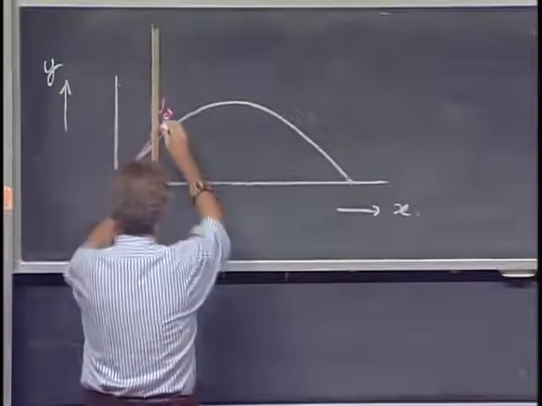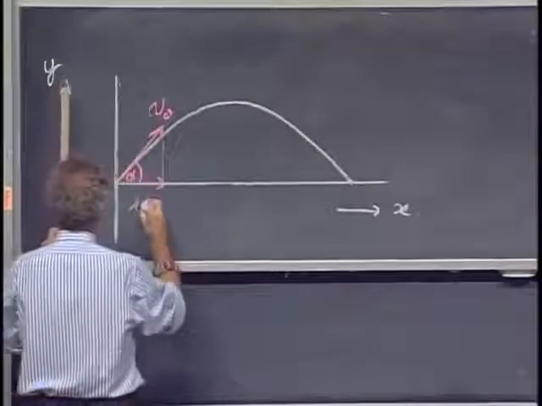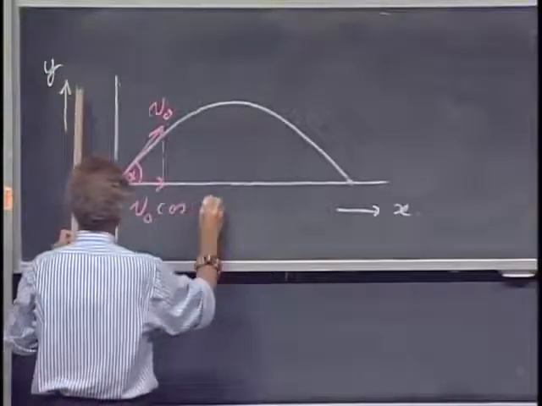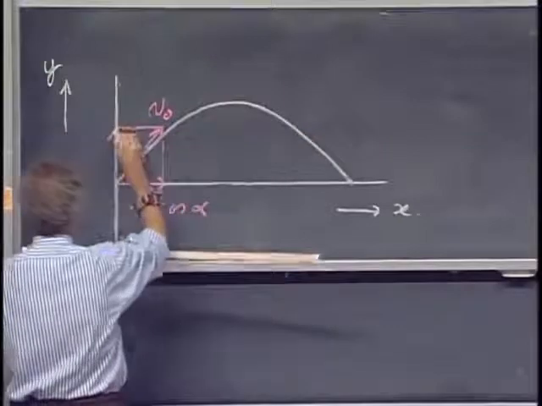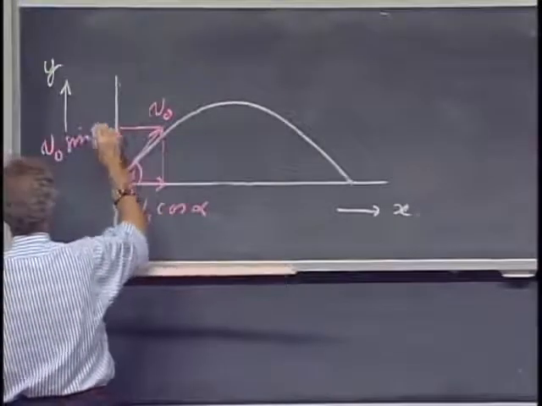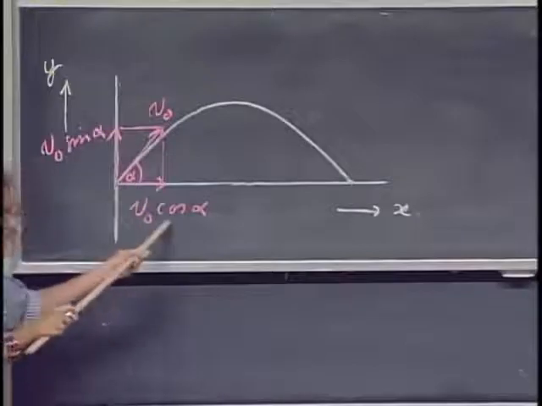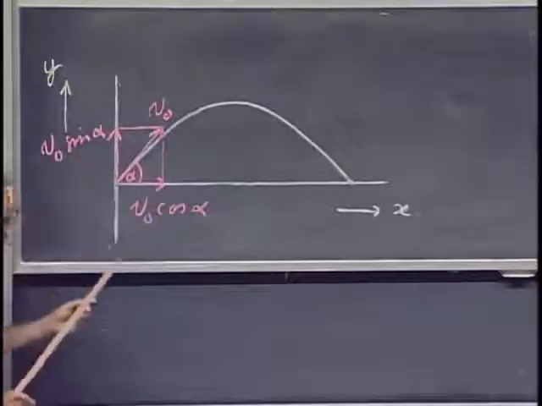The x component of that initial velocity is v0 cosine alpha, and the y component equals v0 sine alpha. So that's the begin velocity in the x direction, and this is the begin velocity in the y direction.